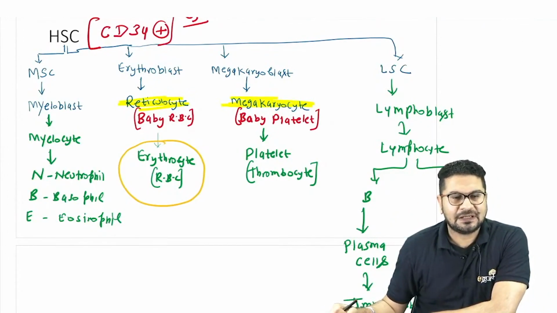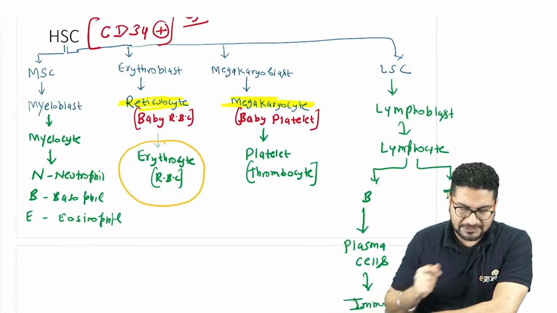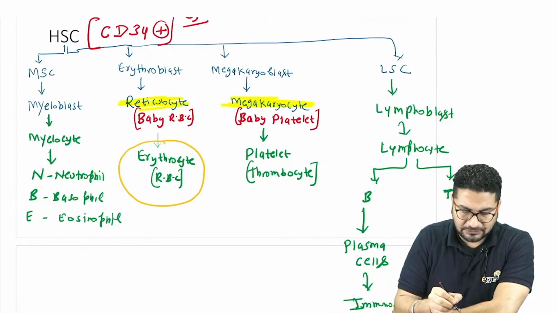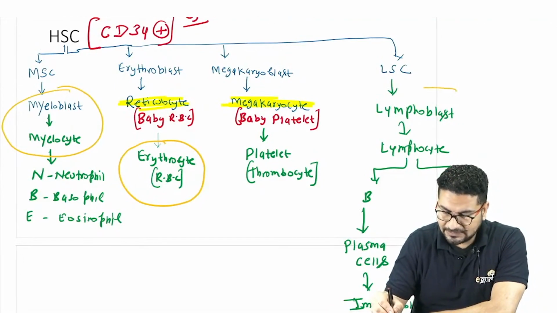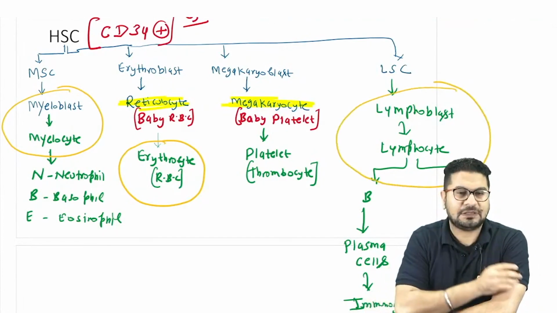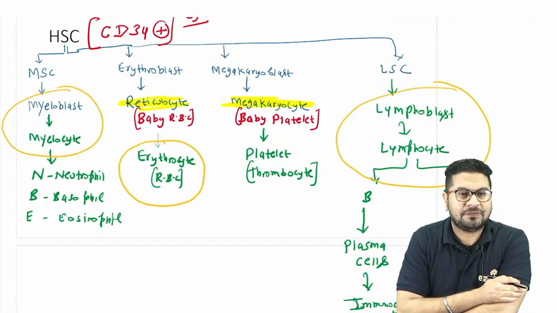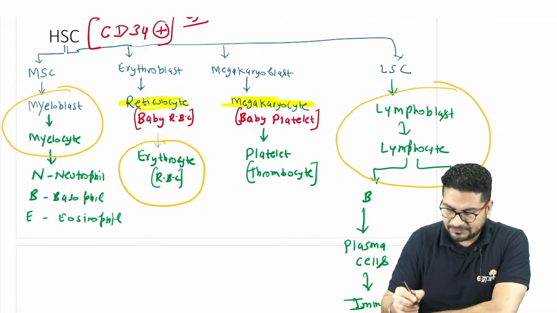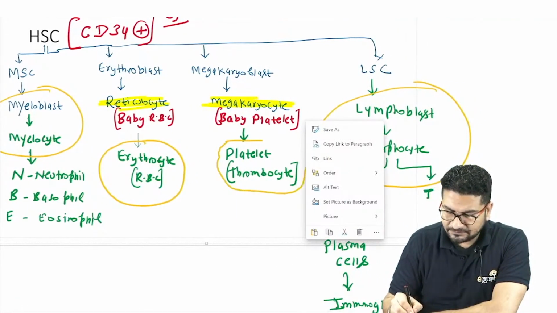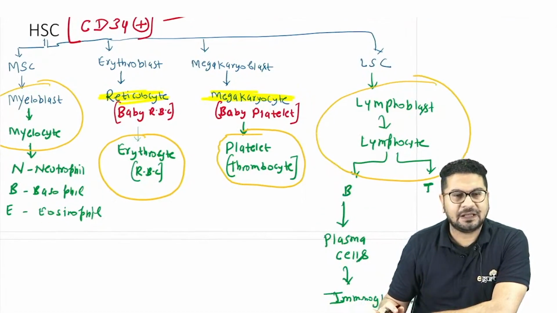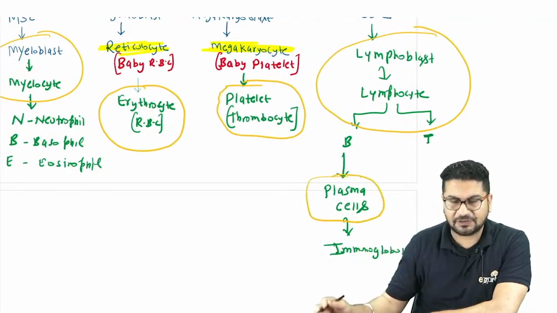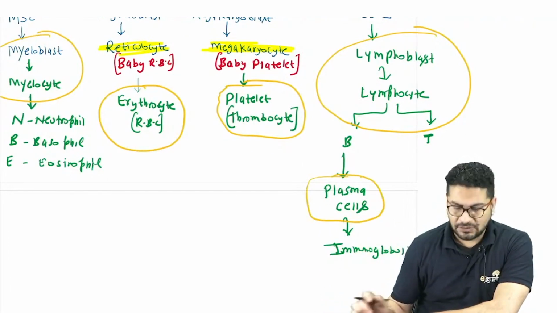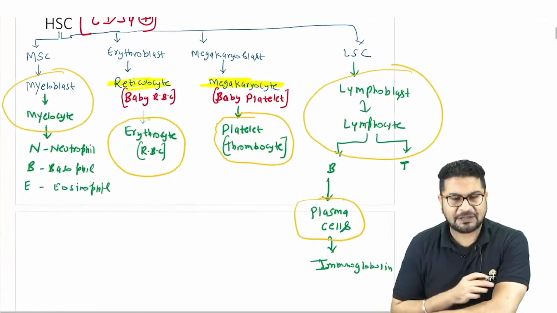Leukemia and lymphoma, where we need to focus on lymphoblast and myeloblast. Platelet disorders, we need to study platelet disorders, and we need to study plasma cell disorders. One of the plasma cell disorders is multiple myeloma. So these are 4 sections in hematology that we need to focus on.